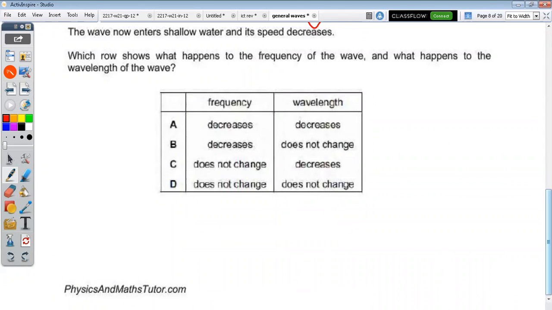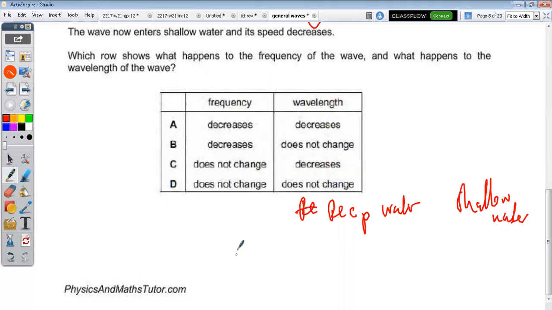Remember, frequency is the number of complete oscillations. Any change in frequency? I want you to mark shallow water.